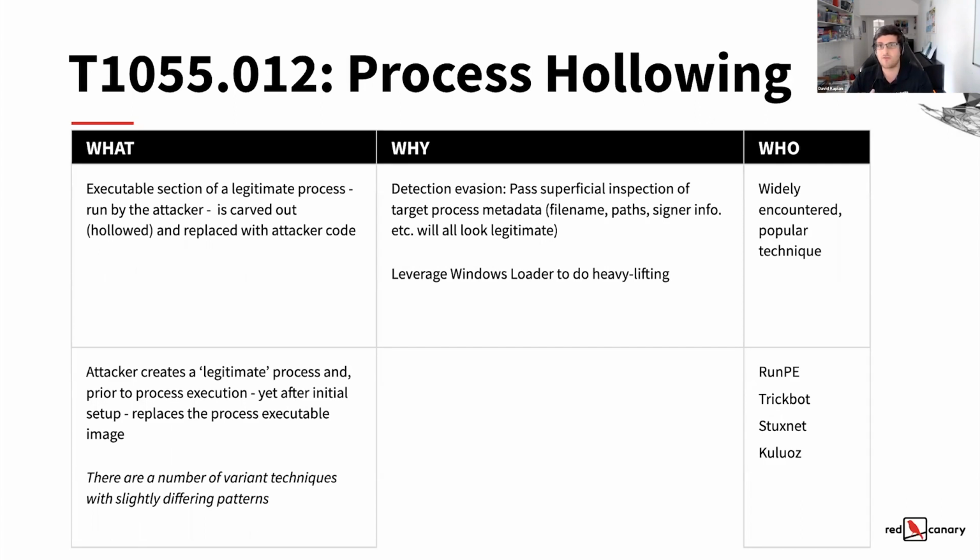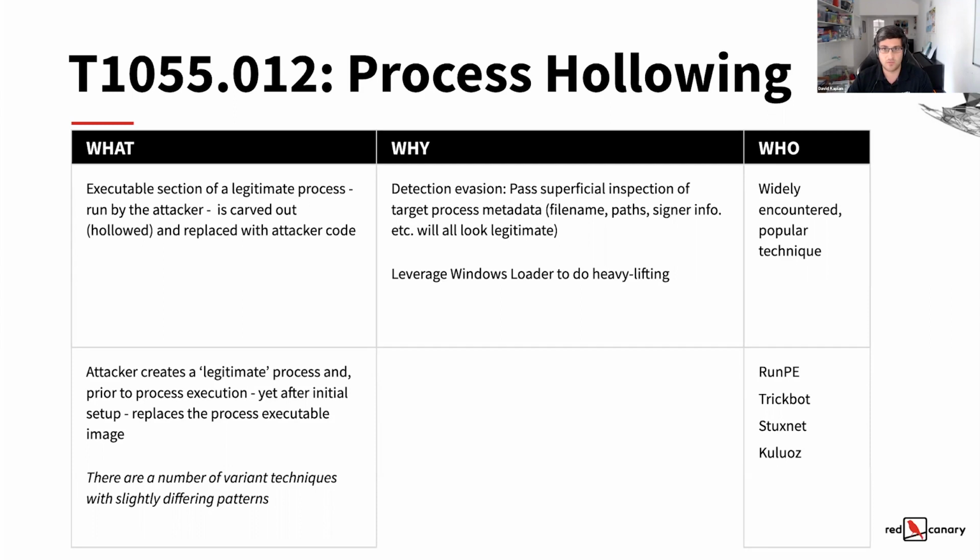So it doesn't suffer from the same limitations as other process injection techniques, such as perhaps PE injection, which, as Matt spoke about earlier, generally might require position-independent code. Here, theoretically, a normally compiled PE could be loaded via the hollowing technique without too much trouble or massaging. That's a very big advantage, and we'll take a look at it when we look at the details. And in terms of who uses this technique, it is very widely encountered.